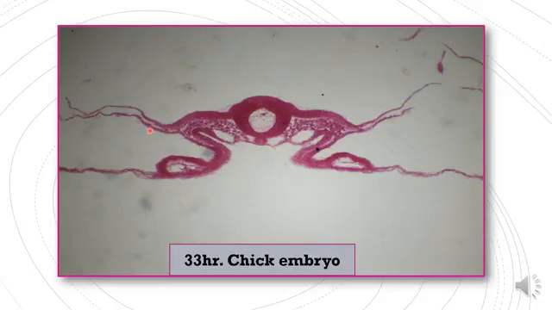The layer adjacent to the ectoderm is called the parietal or somatic lateral plate of the mesoderm, while the layer adjacent to the endoderm is called the splanchnic or visceral lateral plate of the mesoderm. And this is the dorsal aorta. You can see the dorsal aorta.